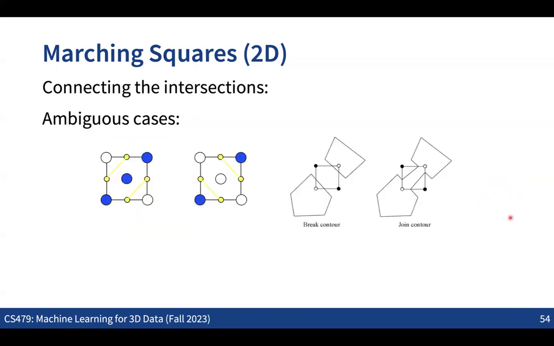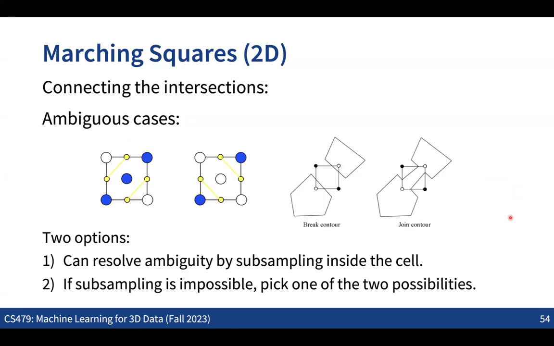So for such cases, a simple solution is that we can divide the cell into smaller 2D cells like this, basically increasing the resolution of the grid until we do not see any ambiguous cases.